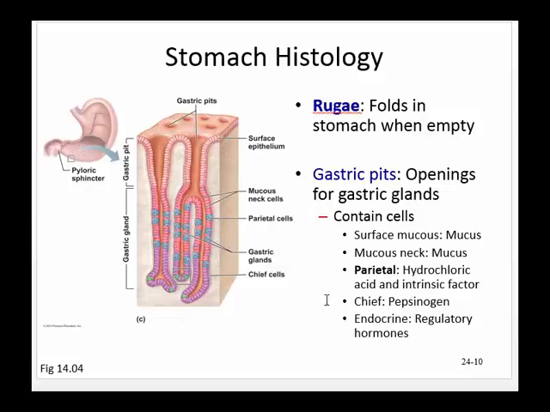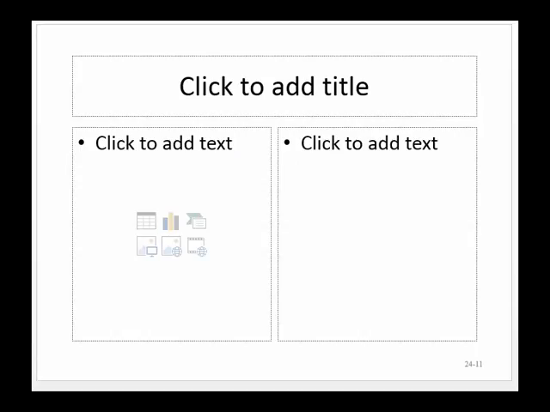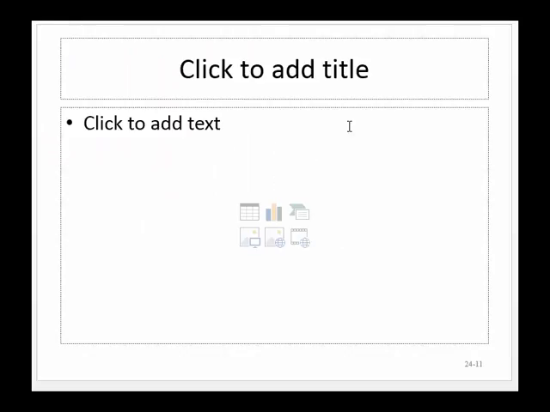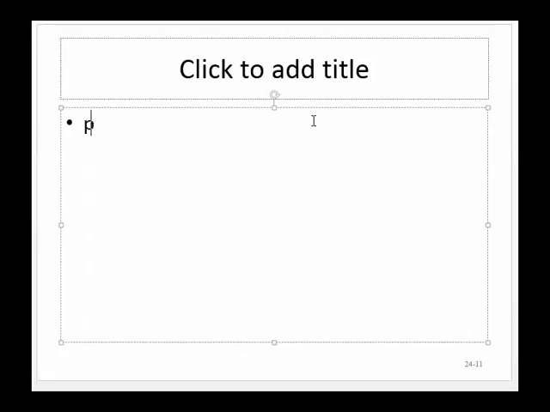So we have parietal cells that produce hydrochloric acid, and then what are called chief cells that produce pepsinogen. And I'm going to add a slide here and show you what happens with that. So when we think about these different types of cells, we have parietal cells, can't spell, that will produce hydrochloric acid.